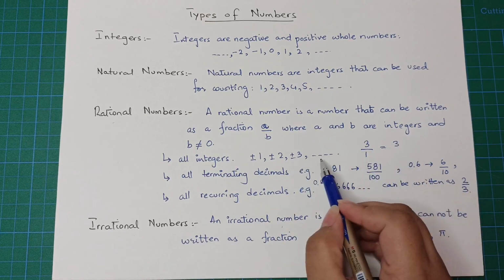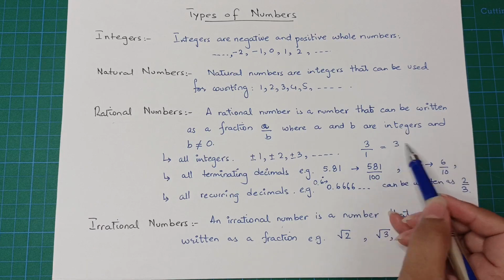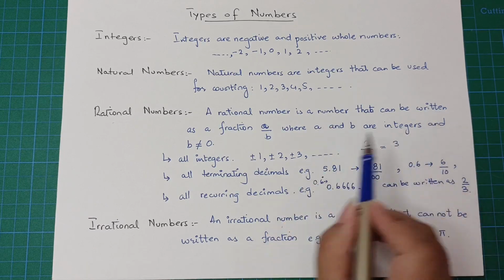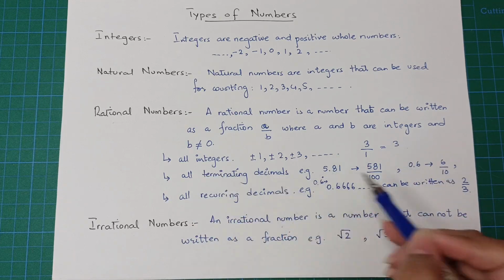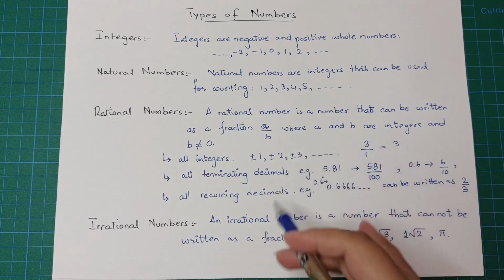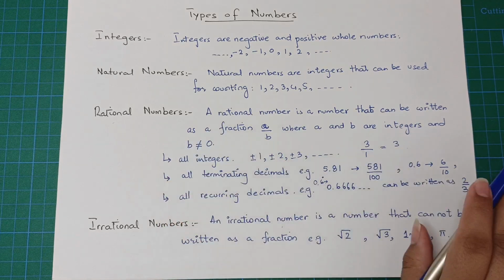So all these integers can be divided by 1 and it will result in the same number. Alright. So integers are rational numbers, and decimals which can be expressed in the form of a fraction, or the fraction itself, are included in the rational numbers.